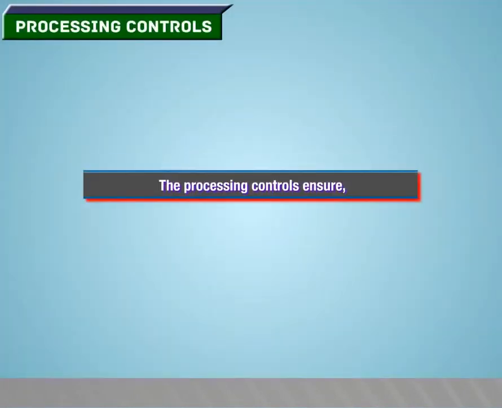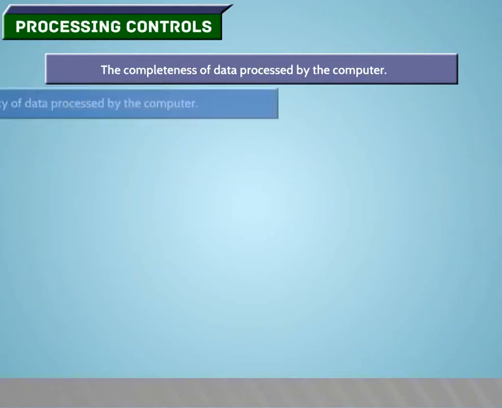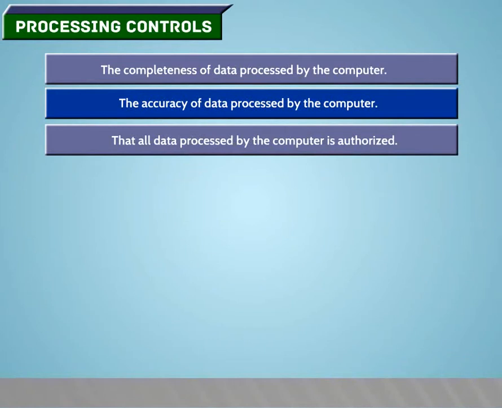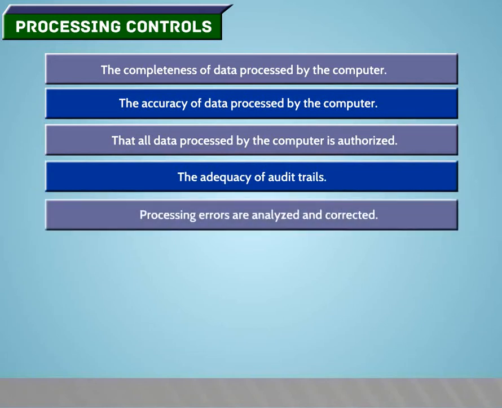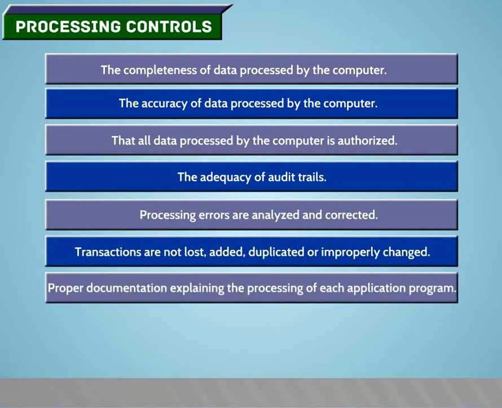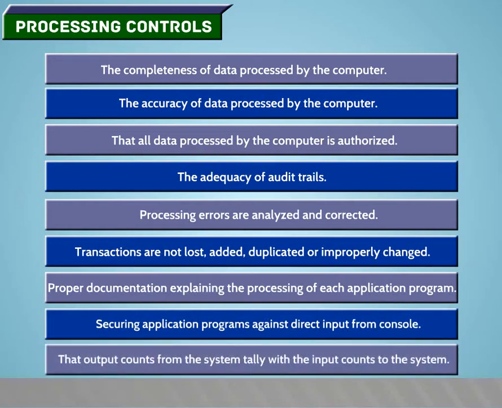The processing controls ensure the completeness of data processed by the computer, the accuracy of data processed by the computer, that all data processed by the computer is authorized, the adequacy of audit trails, processing errors are analyzed and corrected, transactions are not lost, added, duplicated, or improperly changed, proper documentation explaining the processing of each application program, securing application programs against direct input from console, and that output counts from the system tally with the input counts to the system.